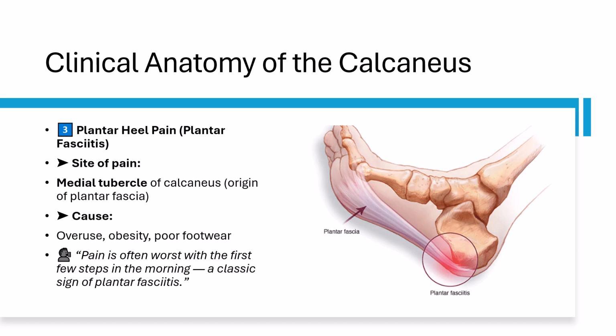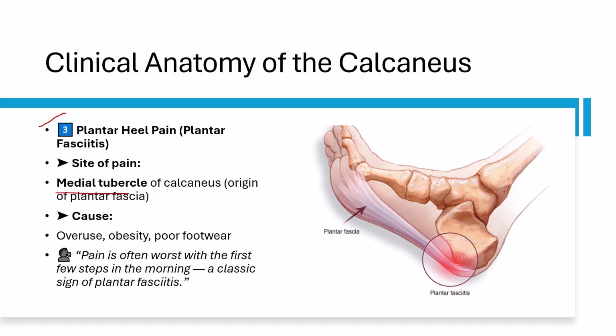The third one is the plantar heel pain, or plantar fasciitis. The site of pain is the medial tubercle, the exact point being the anteromedial tubercle of the calcaneus, which is the origin of the plantar fascia.